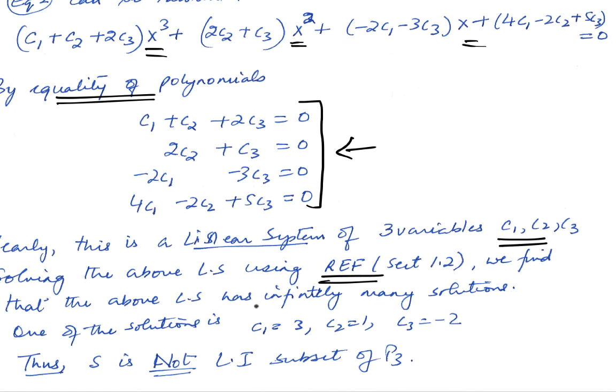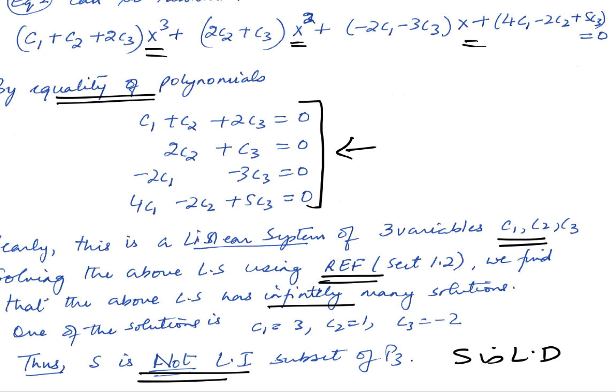This one will have infinitely many solutions, which means I will have non-zero solutions. One of the solutions is C1 is 3, C2 is 1, and C3 is minus 2. So clearly, S is not linearly independent. Rather, S is a linearly dependent subset of P3.